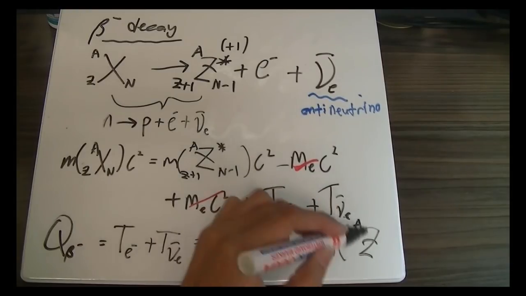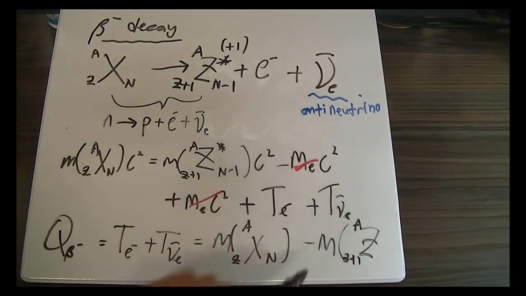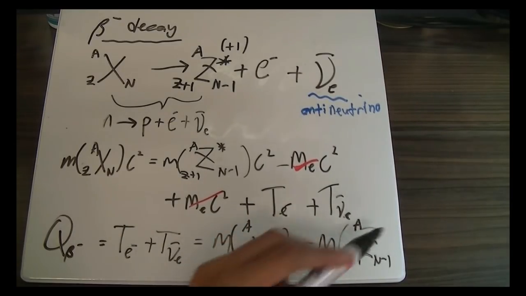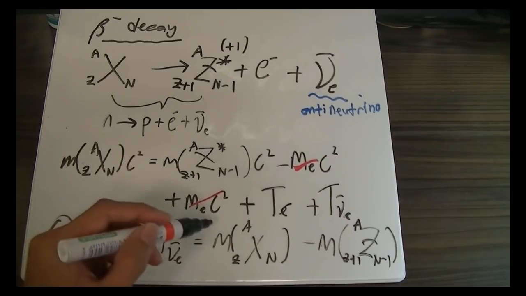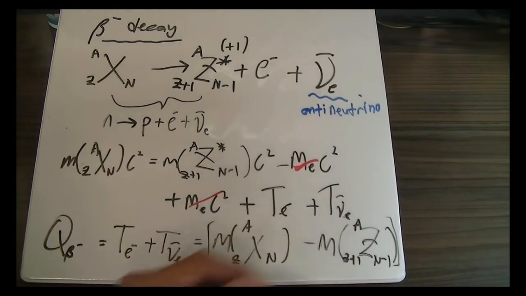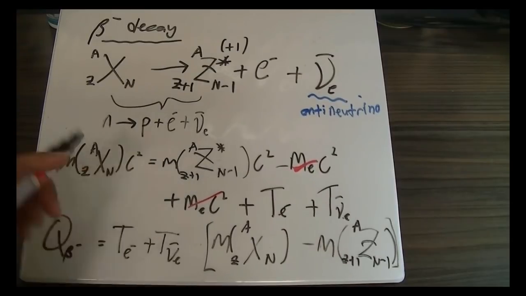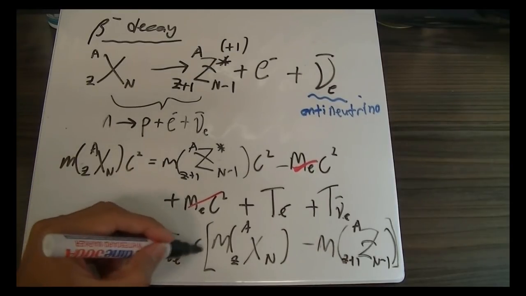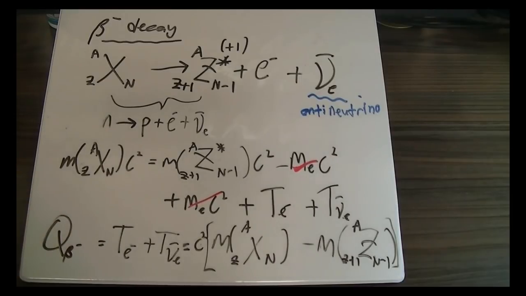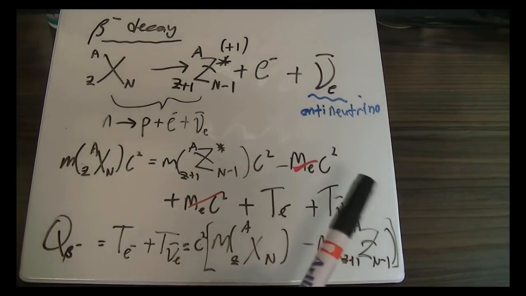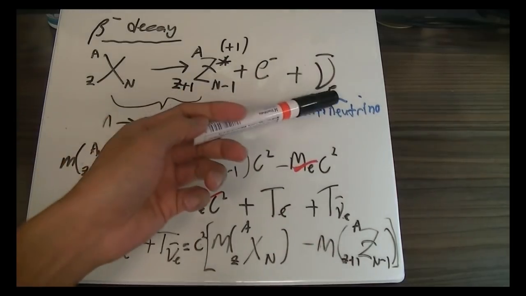That is M of A, Z plus 1, minus 1, and don't forget the c squared. I have no space to write the c squared, so I write it here. So we are neglecting the mass energy of the antineutrino.